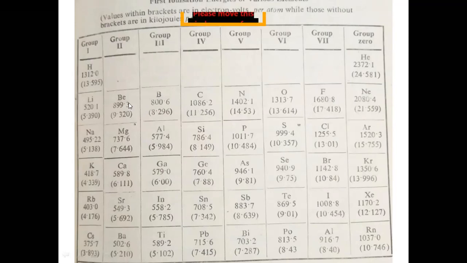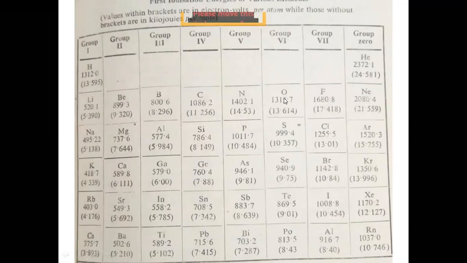But look, this is 520, 899, 800. There is a decrease here. And then 1086, then 1402, then 1300. See, a small variation here. So nitrogen ionization potential is greater than carbon. It's all right.